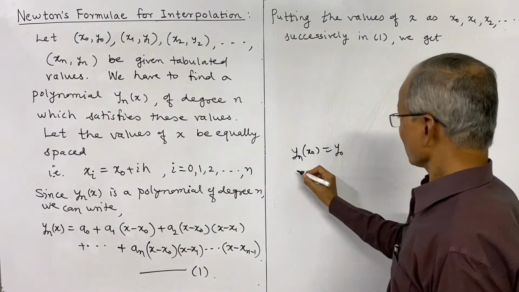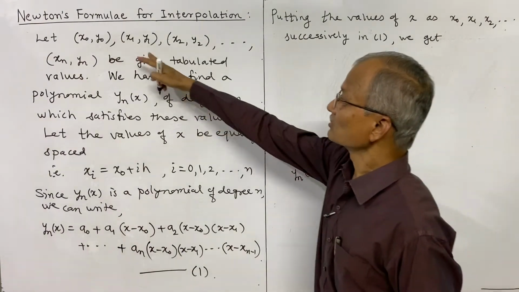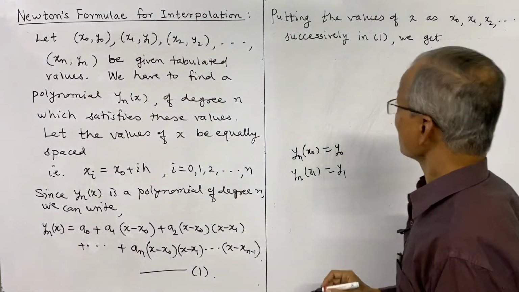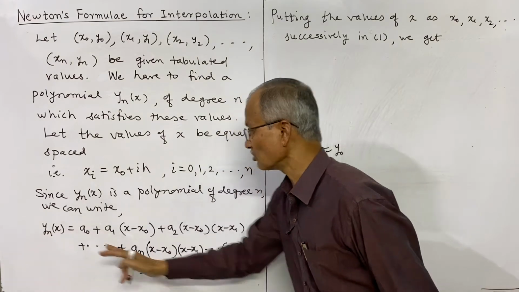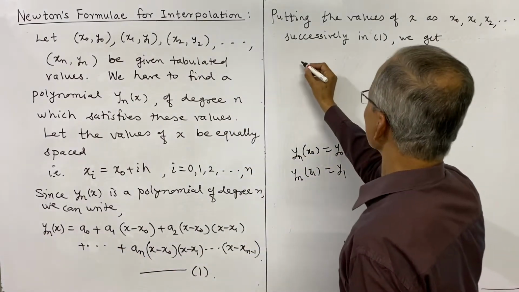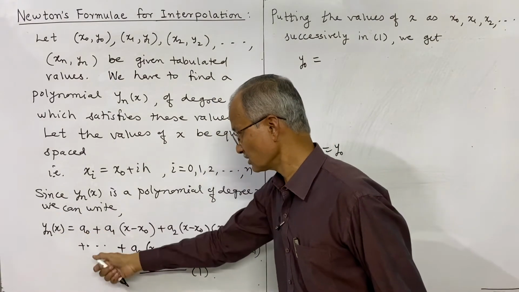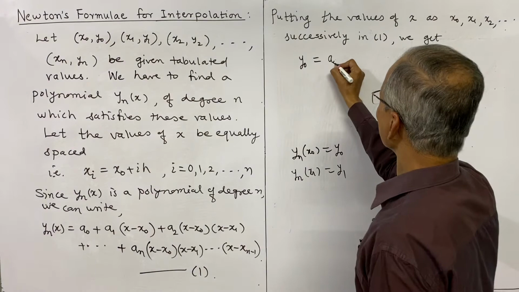And so the value of yn at x1 is equal to y1, and so on. Therefore the first relation is yn at x naught, which means y naught. Left side is y naught. What is the right side? It is a naught. What about the remaining terms?